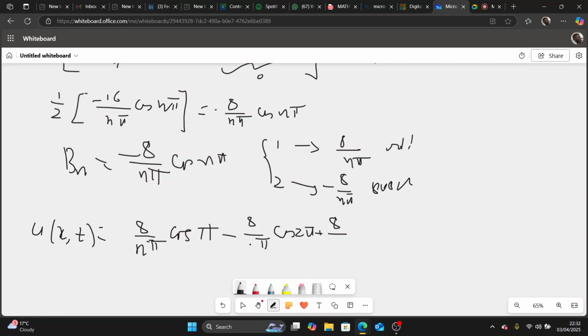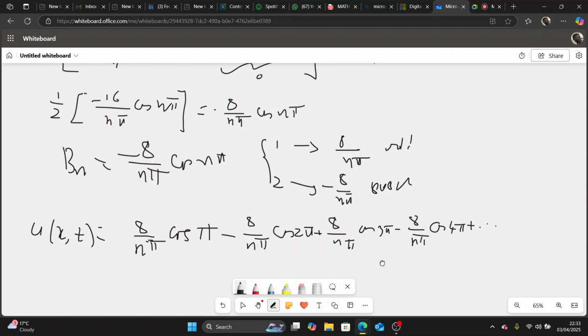I will see after. 8n over pi cos of 3 pi, plus minus 8n over pi, now you have cos 4 pi. Do you agree that this solution will keep on going and going? Yeah, it will keep on going.